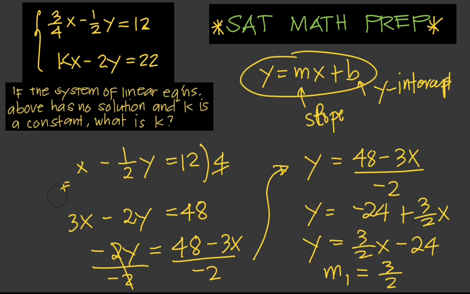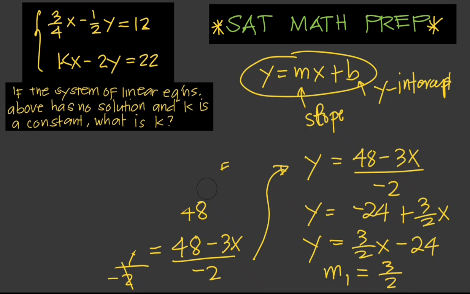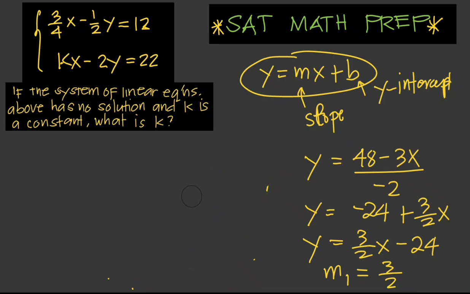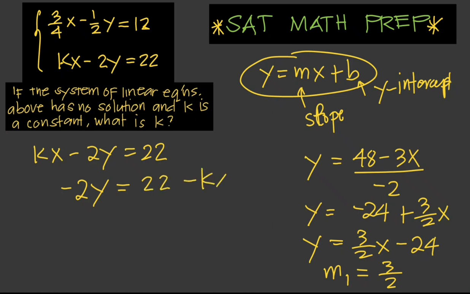Now let's simplify the second equation. So that is kx minus 2y equals 22. We write this also in slope-intercept form. This would be minus kx, so negative 2y equals negative kx plus 22.